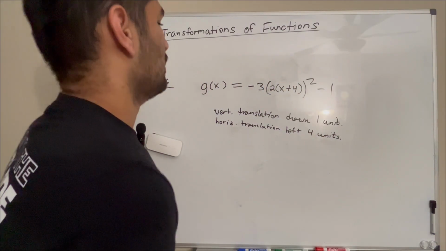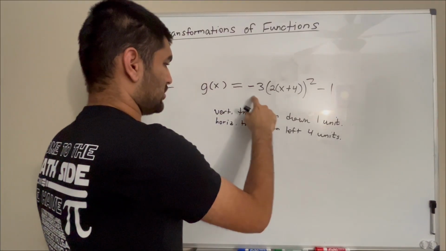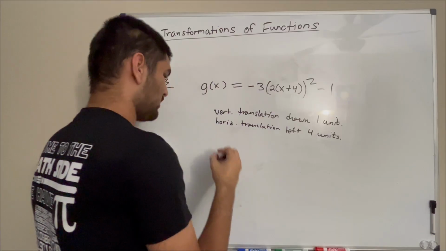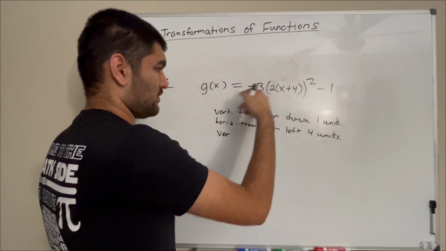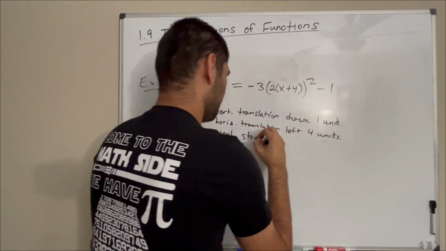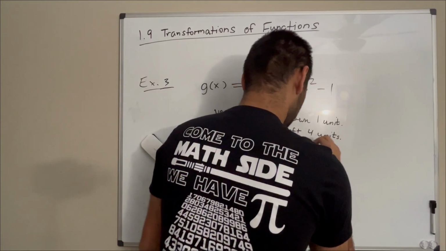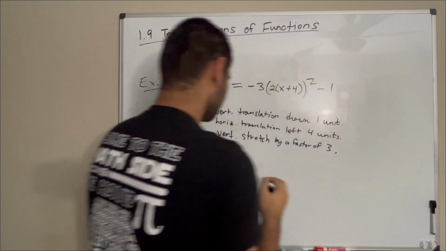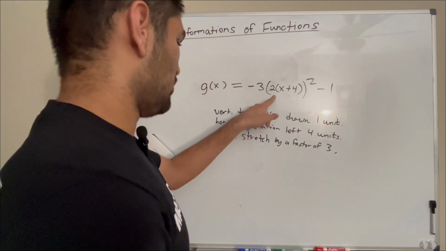All right, and then moving on to dilations, we have a vertical dilation right here because we have a 3 out front, and the absolute value of negative 3 is 3, which is bigger than 1, so we have a vertical stretch by a factor of 3. And then we also have a horizontal dilation, right?